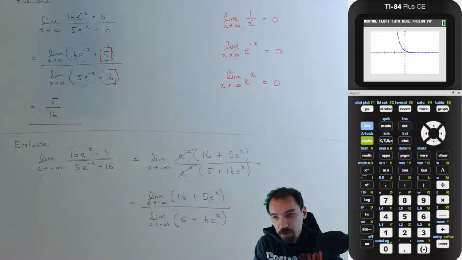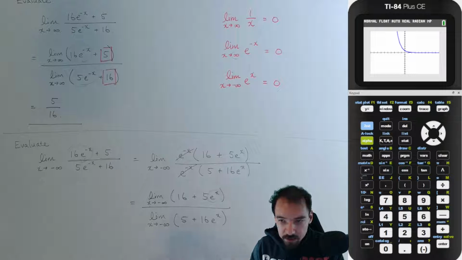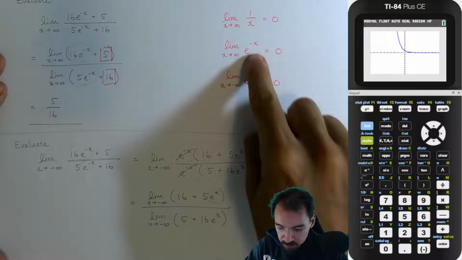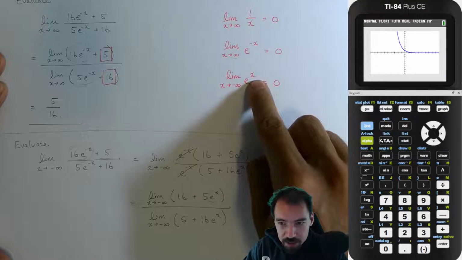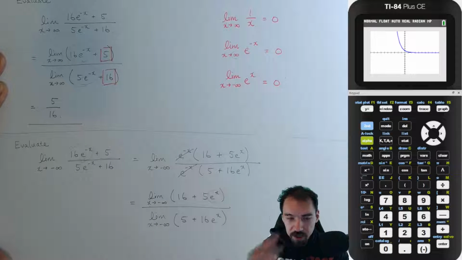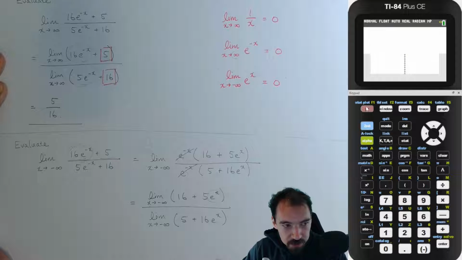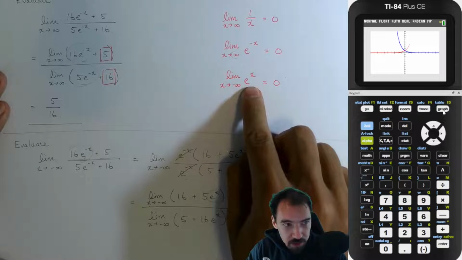I want you to actually pause and think about that and make sure that that makes sense to you. And just from a graph perspective, right? What's the difference between e to the minus x and e to the positive x? If you turn x into negative x, that means flipping the graph horizontally. So we can see that very quickly here. If I just go to a new line and I do e to the regular x and I graph this, the red is going to be e to the regular x.